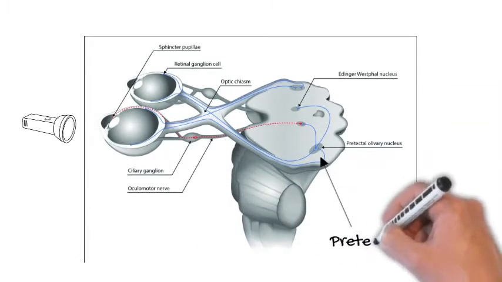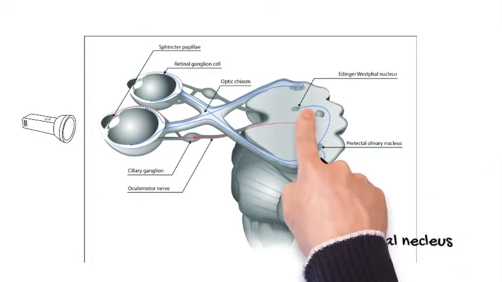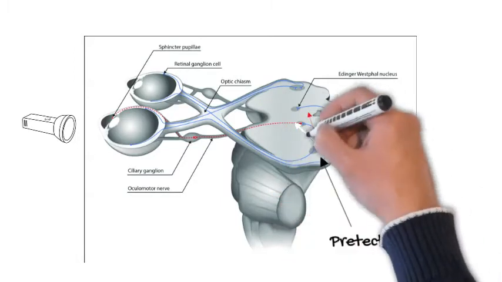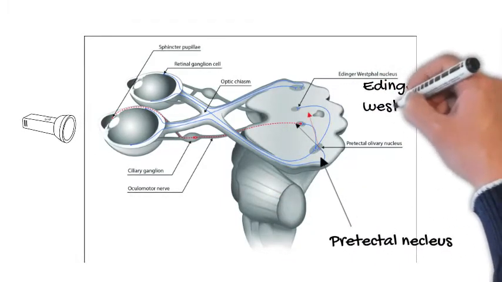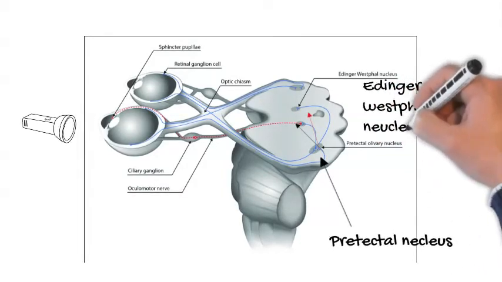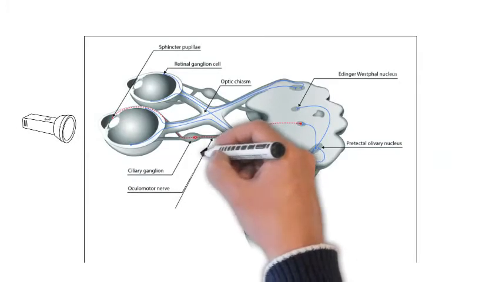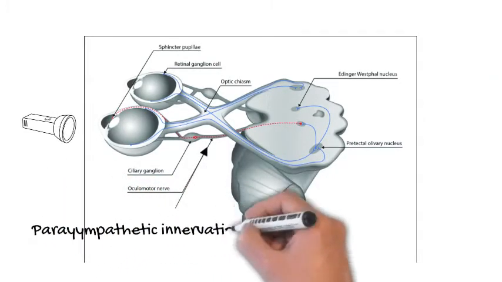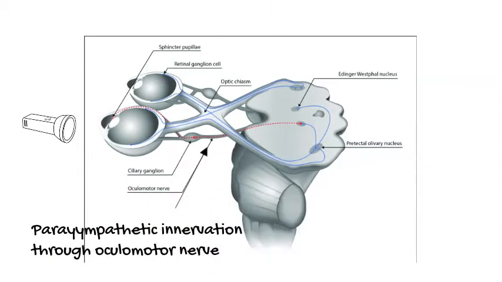From the optic tract, a few fibers will leave it to synapse with the pretectal nucleus in the midbrain. The pretectal nucleus in turn will stimulate both Edinger-Westphal nuclei. The Edinger-Westphal nuclei will send parasympathetic innervation for pupillary constriction through both oculomotor nerves.